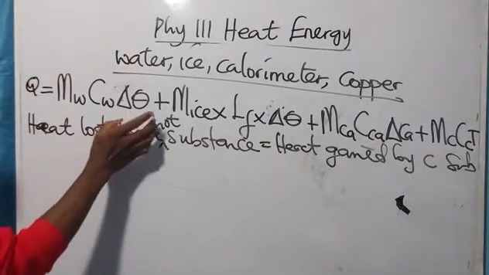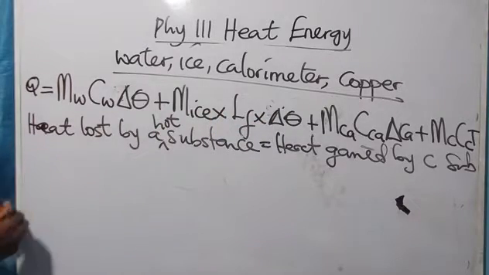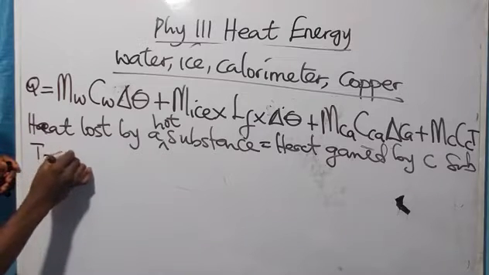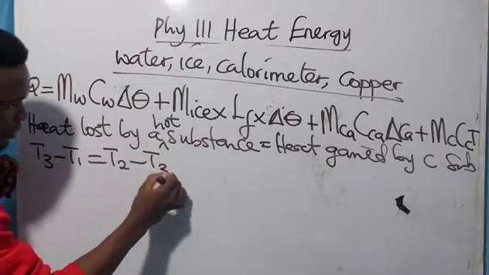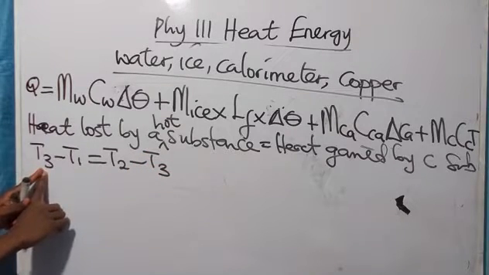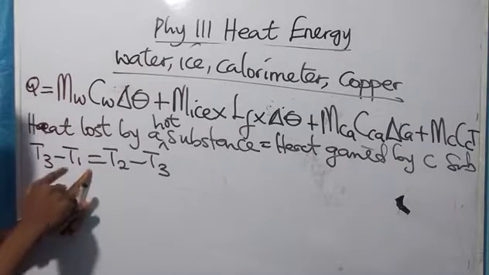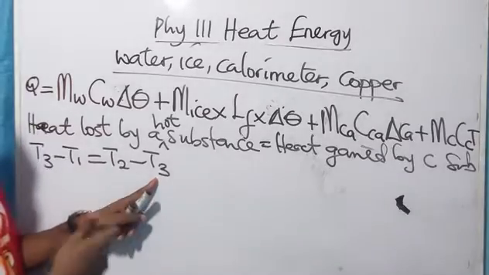To fully express this, always take note of something. T3 minus T1 equals T2 minus T3. This T3 is the final temperature, T1 is the initial temperature, and T2 is the other temperature.